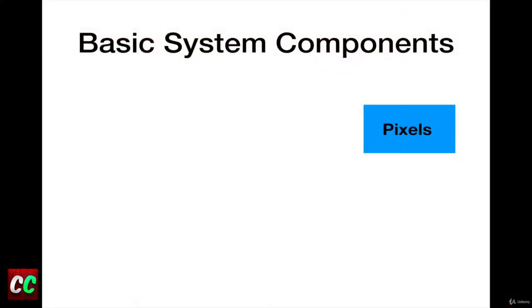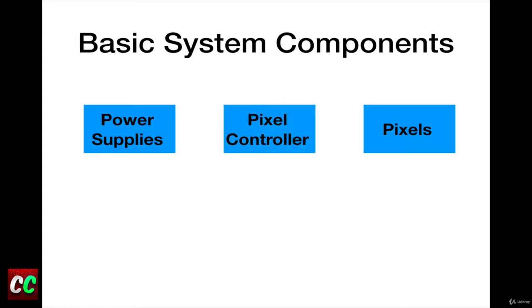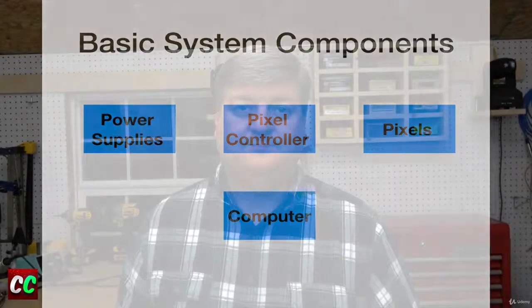So a pixel lighting system is made up of 3 or 4 different components depending on your goal for the display. You need pixels, the actual lights for the display, 1 or more DC power supplies, a pixel controller that provides the data for the pixels, and if you want to take these to their full potential, a computer.